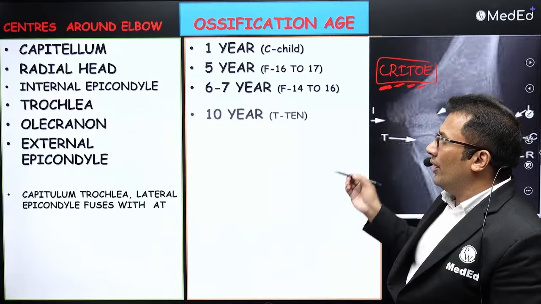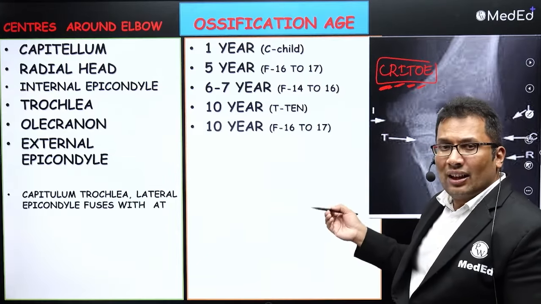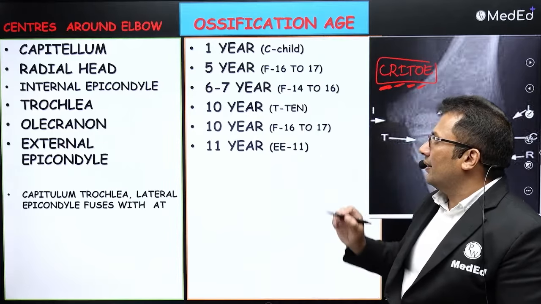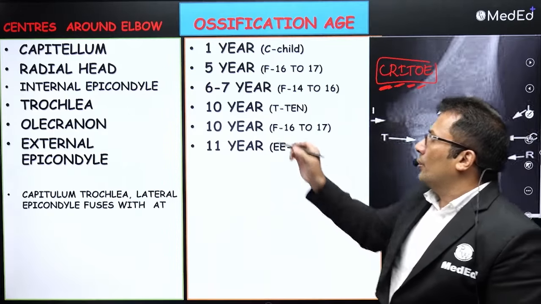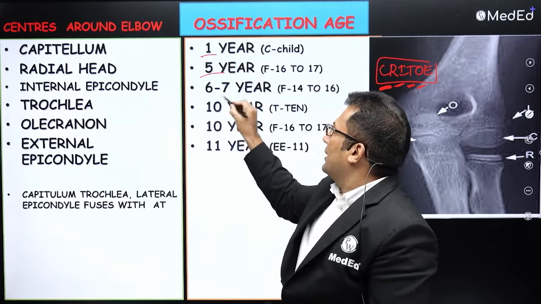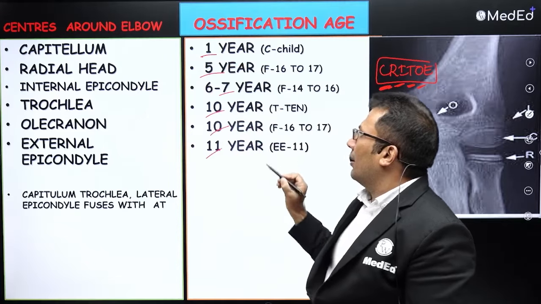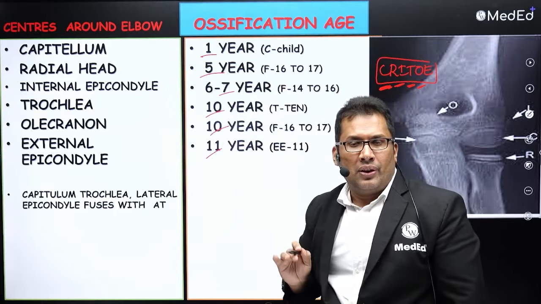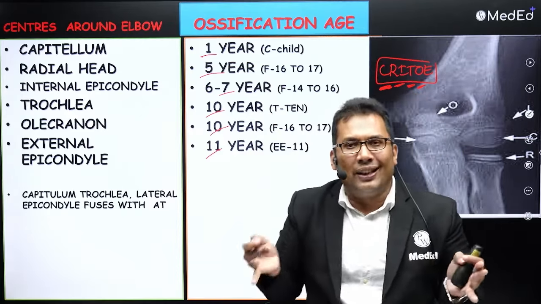Olecranon process, around 10 years. External epicondyle, EE, double E, double 1, so that is 11 years. So this is 1, 5, 7, 10, 10, 11. CRITOE: 1, 5, 7, 10, 10, 11. So this is the age of appearance.